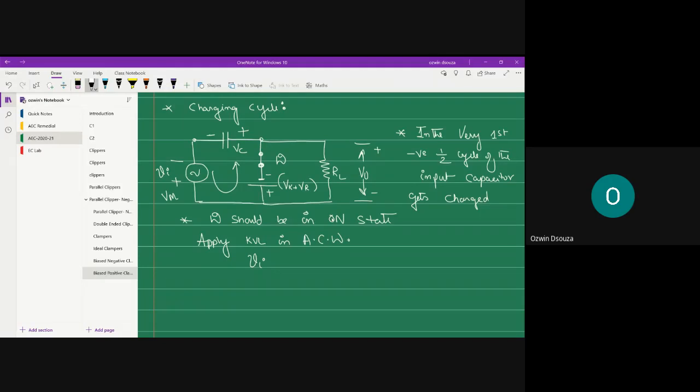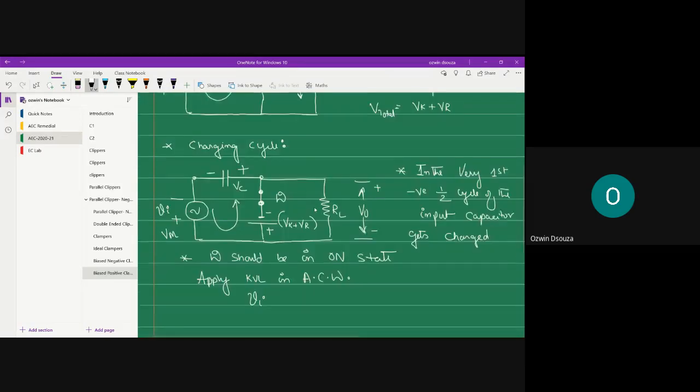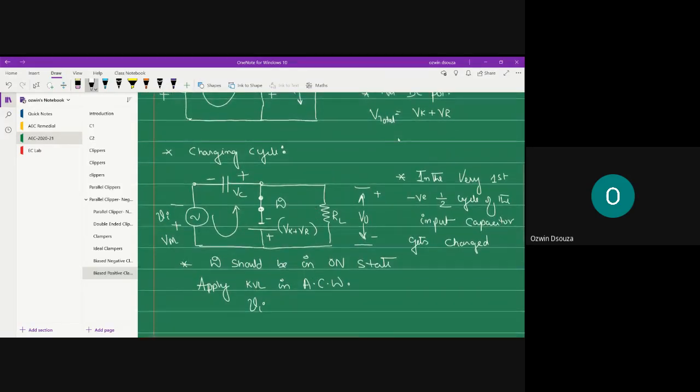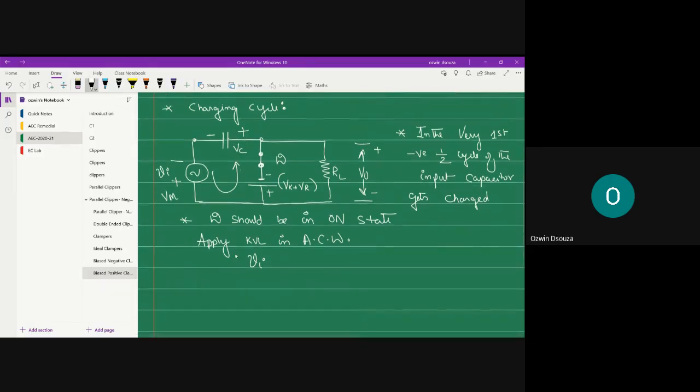Instead of writing two terms, we can take Vk plus Vr as Vt, the total threshold voltage. So that's minus Vt.